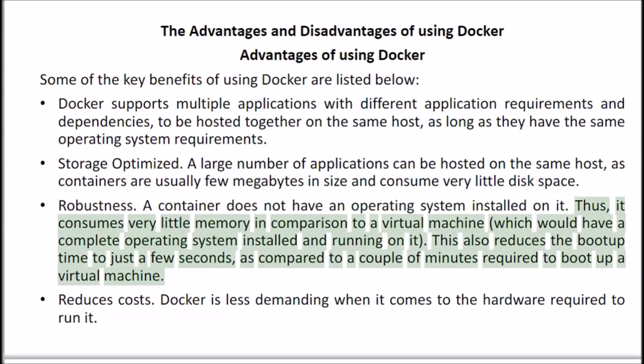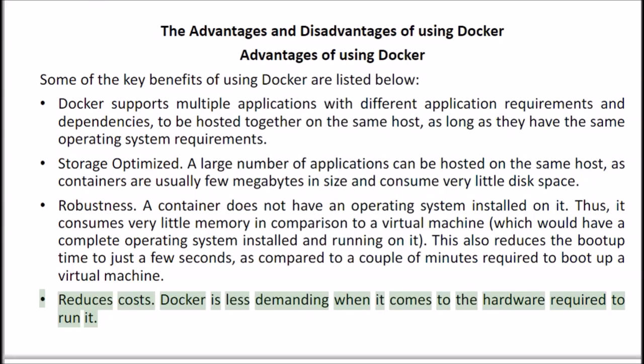Thus, it consumes very little memory in comparison to a virtual machine, which would have a complete operating system installed and running on it. This also reduces the boot-up time to just a few seconds, as compared to a couple of minutes required to boot up a virtual machine. Reduces costs. Docker is less demanding when it comes to the hardware required to run it.